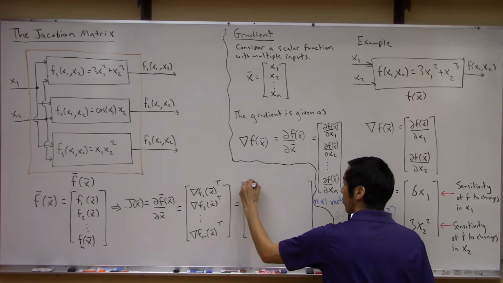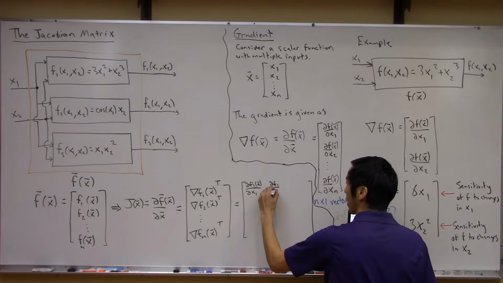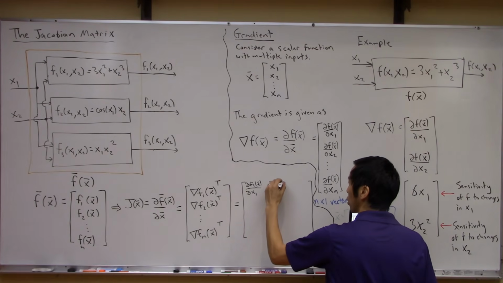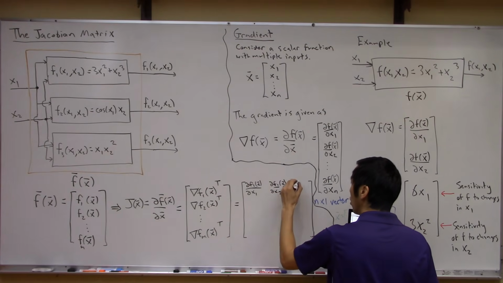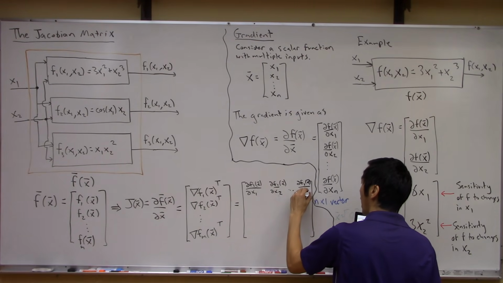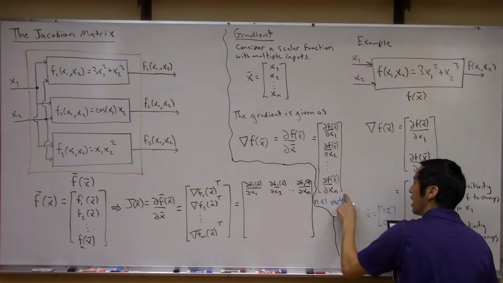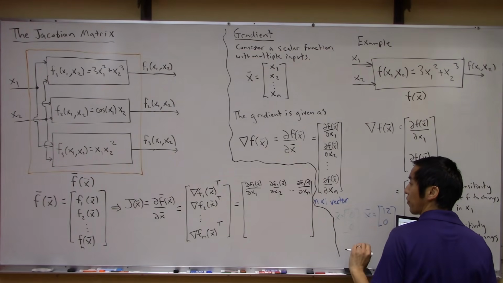Let's make a note that this is a function of where you are. Then you have partial of f1 with respect to x2, all the way down to partial of f1 with respect to xn, because there are n independent variables, or n inputs to this function.